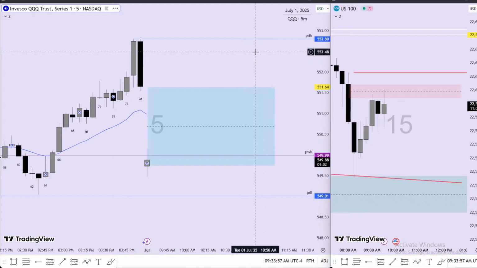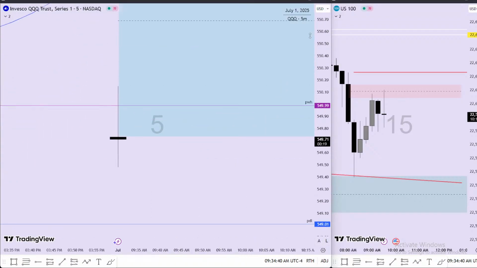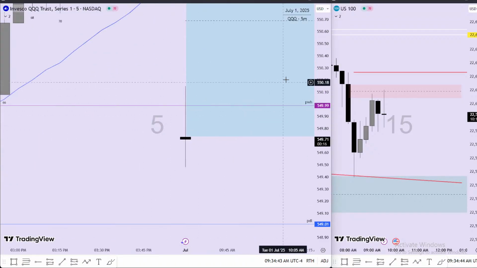First 5 minutes will close in 1 minute. The market tried really hard to close above the previous week's high.